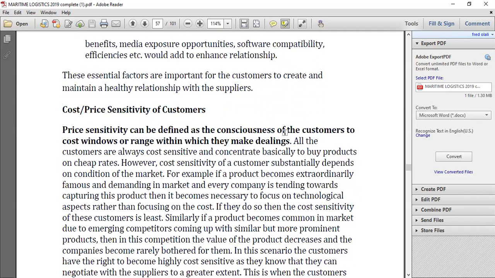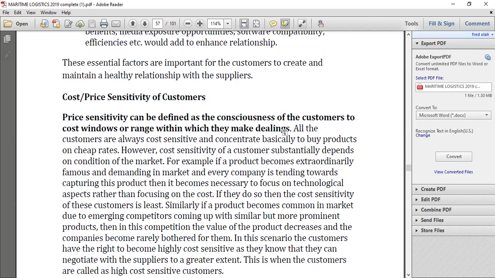Then we have the cost price sensitivity of customers. Price sensitivity can be defined as the consciousness of the customers to the cost window or range within which they make dealings. Price sensitivity is very important. In marketing, price is a very funny aspect to use in a business, because the way you price will dictate how your customers are going to perceive your product or your service.